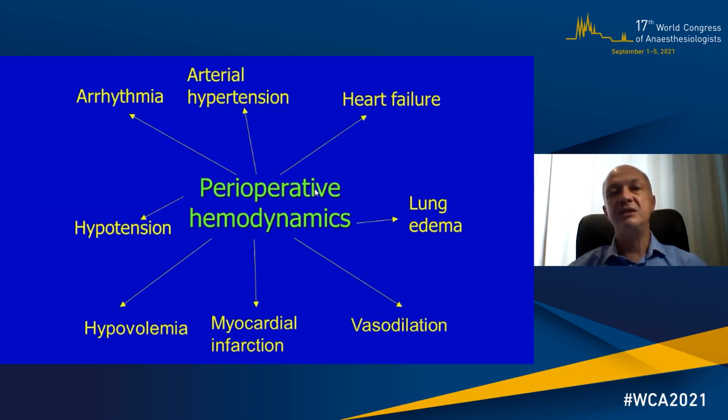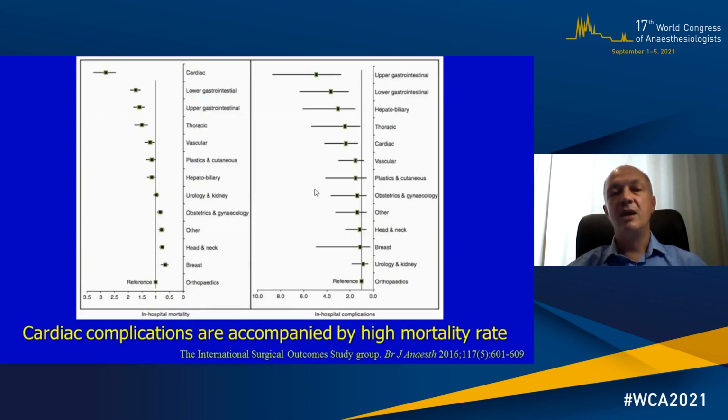Perioperatively, we can see different hemodynamic disorders, from arterial hypertension and hypotension to arrhythmia, hypovolemia, vasodilation, decompensation of heart failure, and myocardial infarction. Thus, according to the results of recent studies in this field, like ISOS study, we see that cardiac complications are accompanied by a higher mortality rate and are among the main causes of perioperative morbidity.